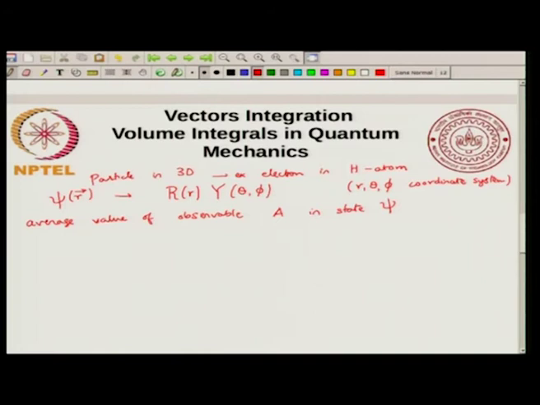When your electron is in state psi, what is the average value of some observable A? You denote it as the expectation value of A, and to do this you calculate an integral: psi star of r, then A, an operator operating on psi of r, and then d cube r, or dV. So this is a volume integral.